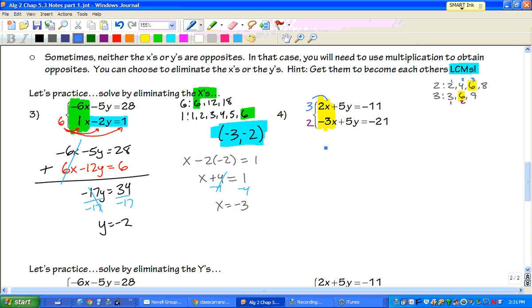Okay, so let's go ahead and distribute. We get 6x plus 15y equals negative 33. And now to the bottom, negative 6x plus 10y equals negative 42.